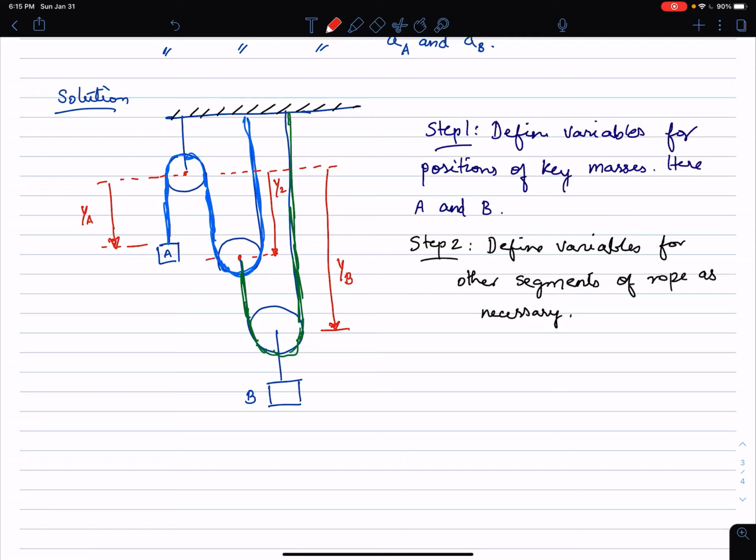Let me define this piece of rope to be Y1. Let me define this piece of rope, until here basically, as Y3, okay? I guess you can already see that Y1 equals Y2, but let's just leave it as such for now.